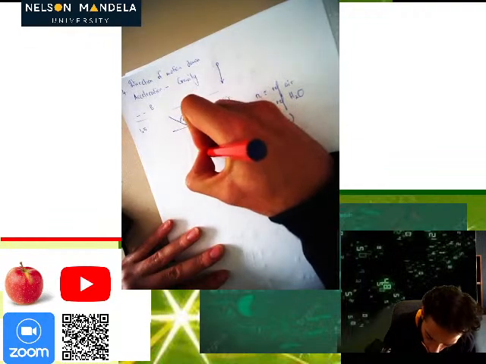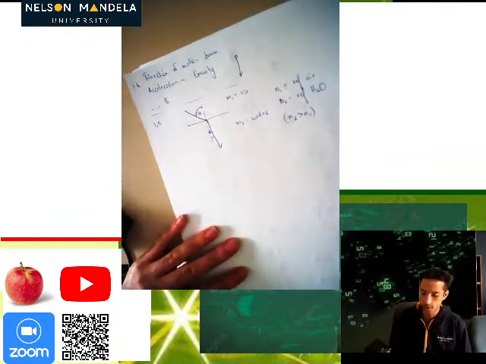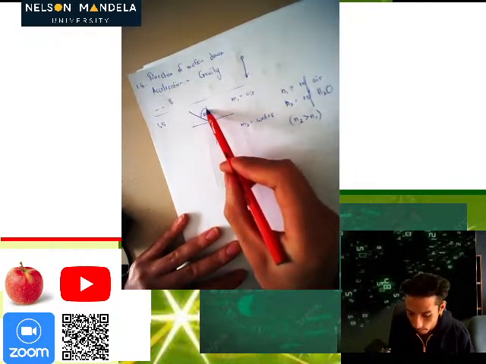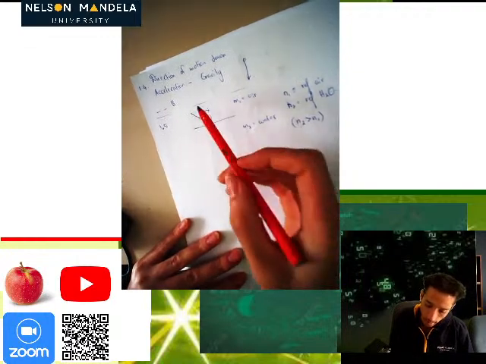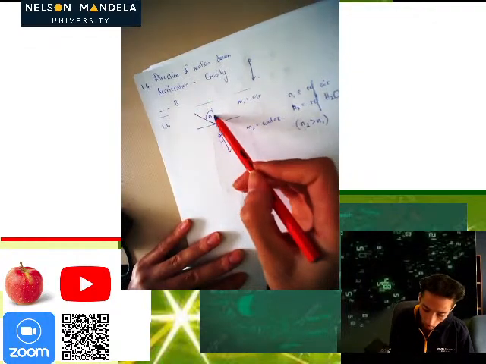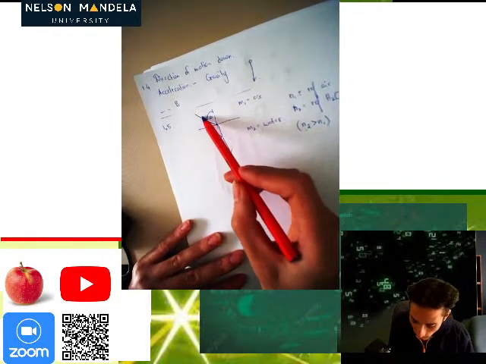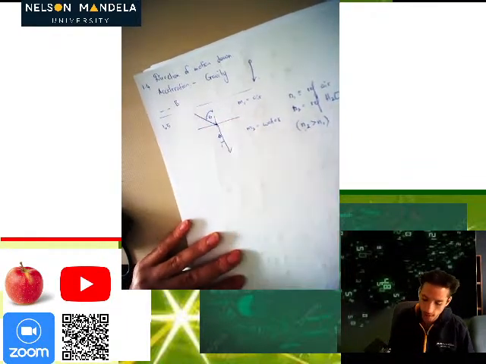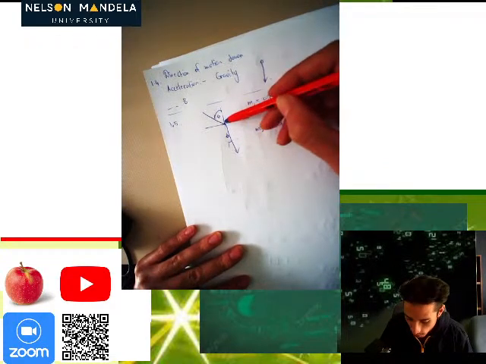And so automatically this angle should decrease. We consider measuring the angle from the normal, up until the incident ray, and then the ray that's traveling through the water.